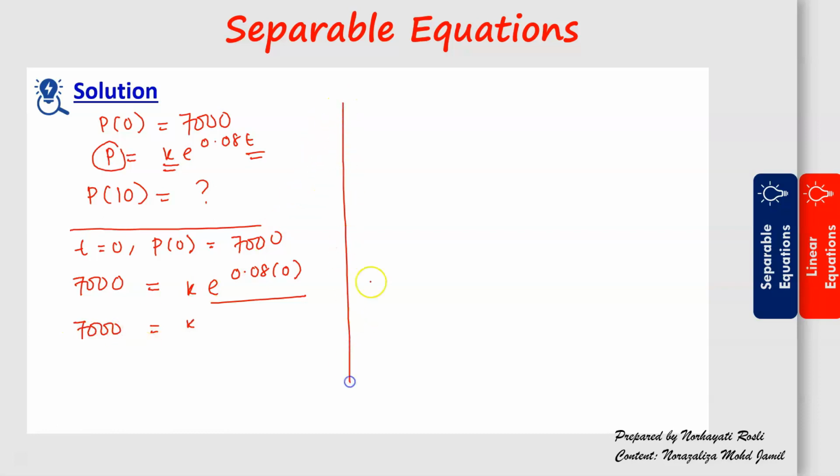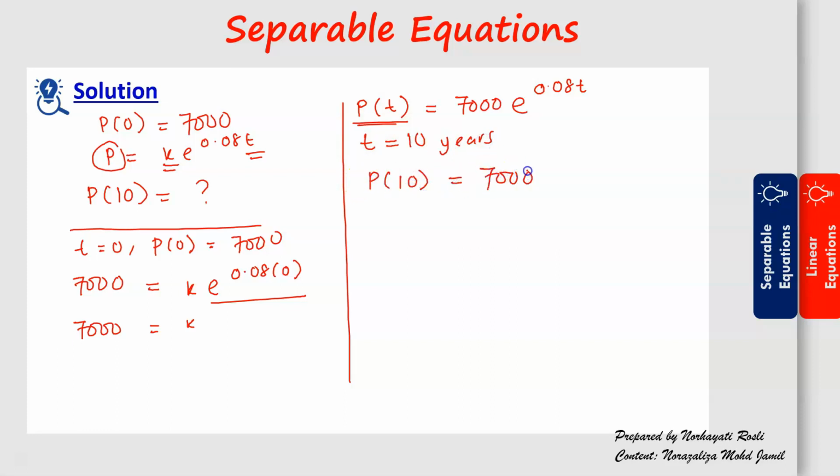Based on this, we will have your particular solution: P at time t equals 7,000 times exponential of 0.08 t. So now class, since we want to find the population at t equal to 10 years, P at 10 years will be equal to 7,000 times exponential of 0.08, and t you substitute with 10.